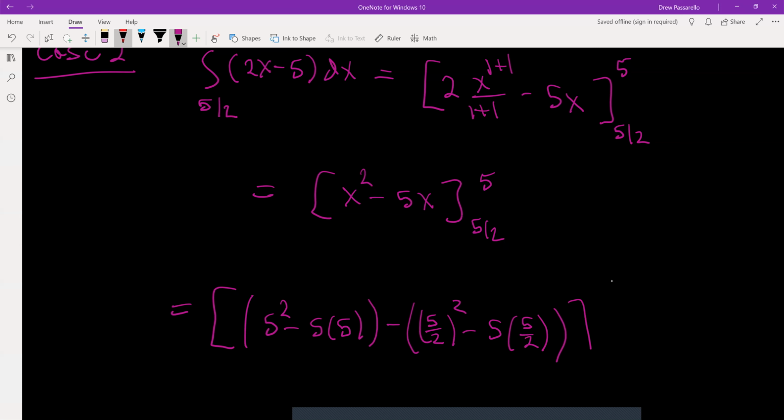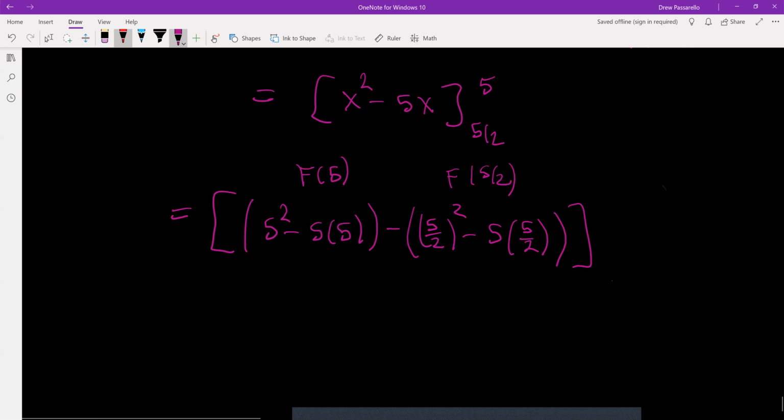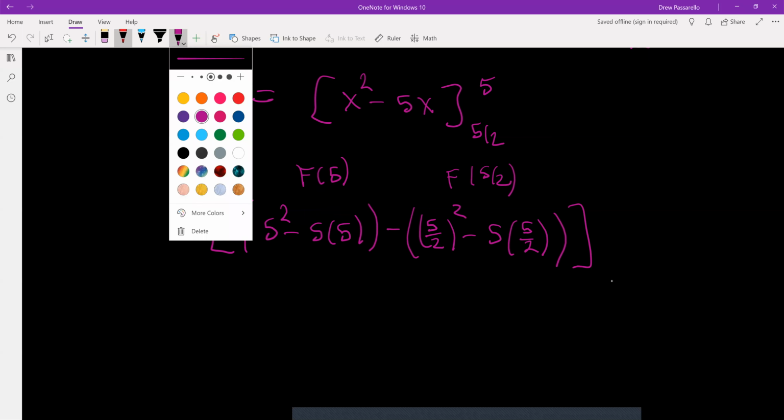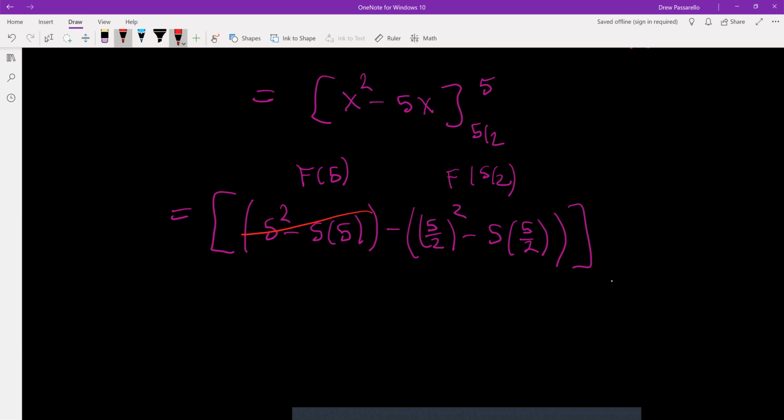All right, so this was the upper limit f of 5, and then minus the lower limit f of 5 halves. Well, we know 5 squared is 25, and then minus 25. So we know the first thing goes away to 0, because that's 25 minus 25.